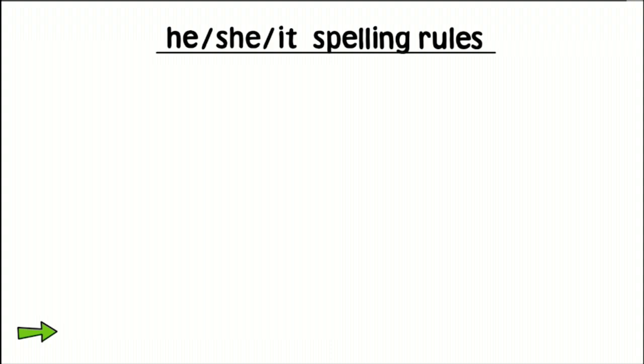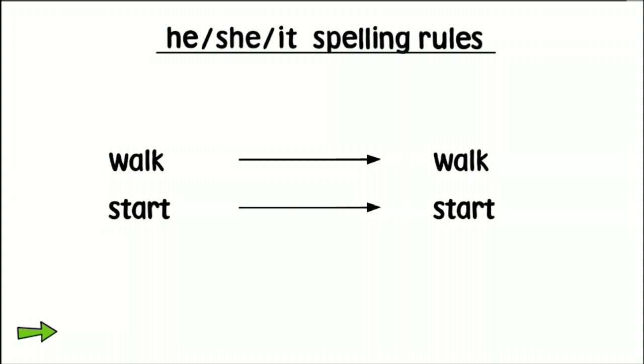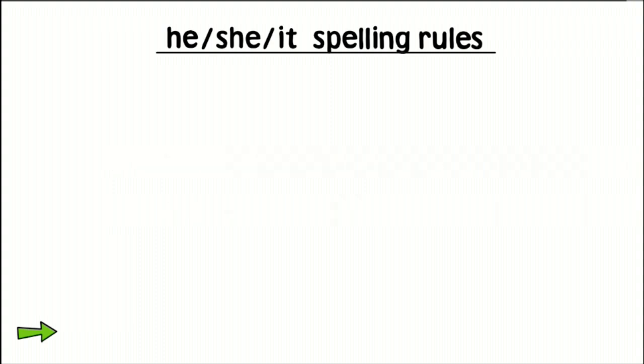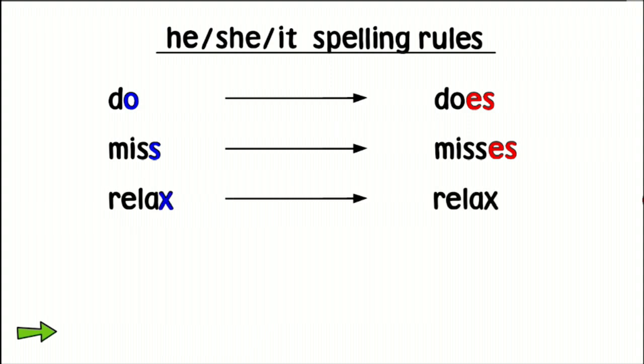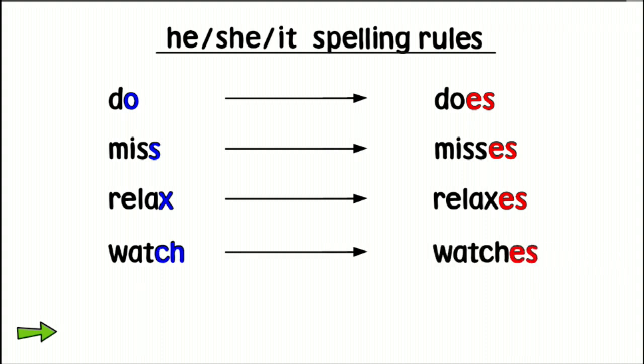Here are the present simple spelling rules for he, she, and it. We add S to most verbs. We add ES to verbs ending in O, S, X, CH, and SH.